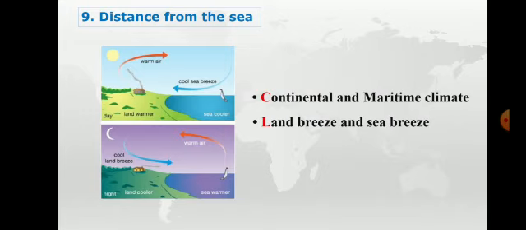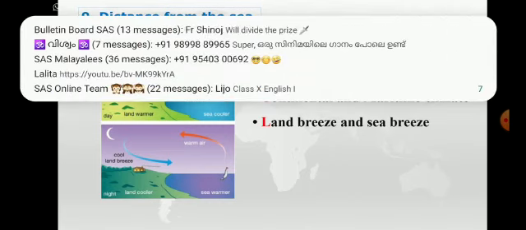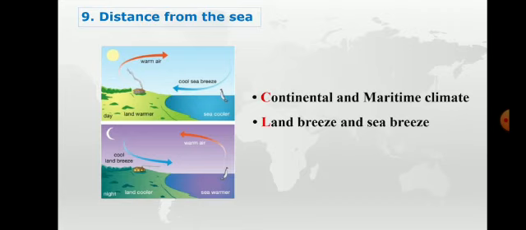That is North India, which we call a continental type of climate. That's why you can experience extreme cold and extreme summer in North India. Whereas in coastal areas you can find an equable or maritime climate. That will be a moderate climate in the coastal areas.